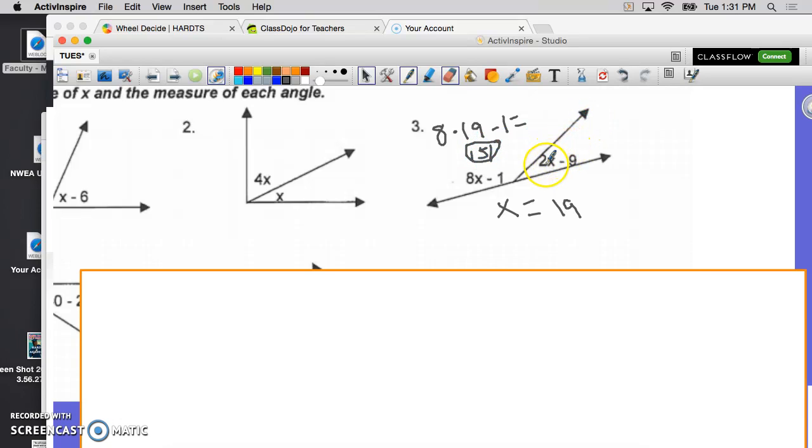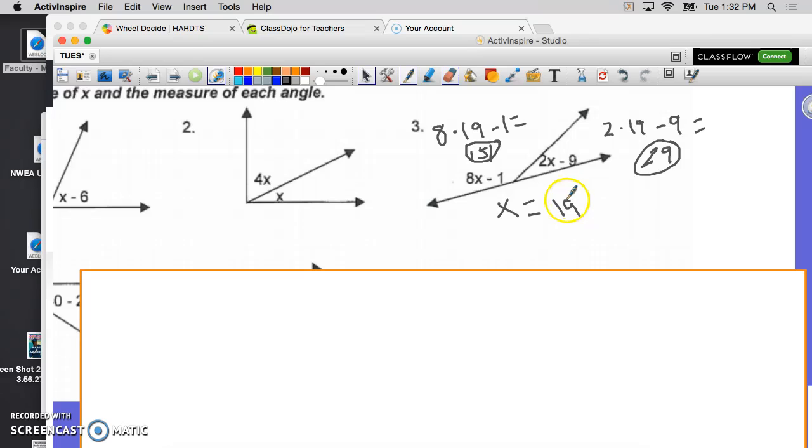Now let's do this side. 2 times x, which is 19. So 2 times 19 minus 9. First do your 2 times 19, that was 38. Minus 9 is 29. So altogether this is 29.